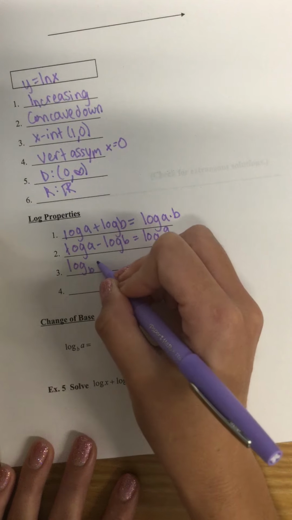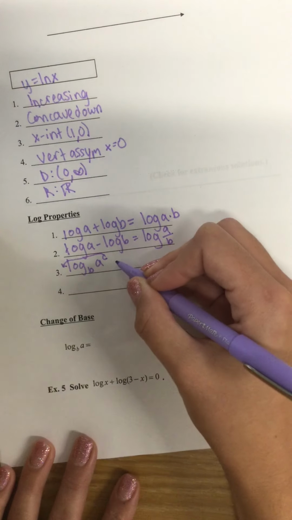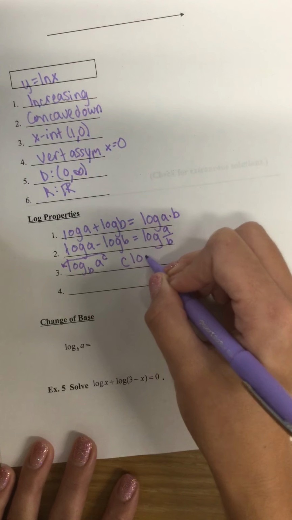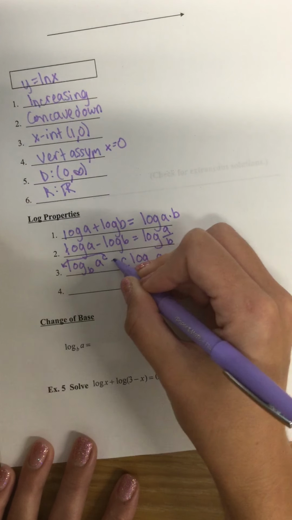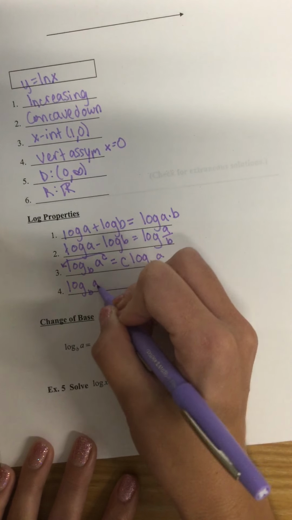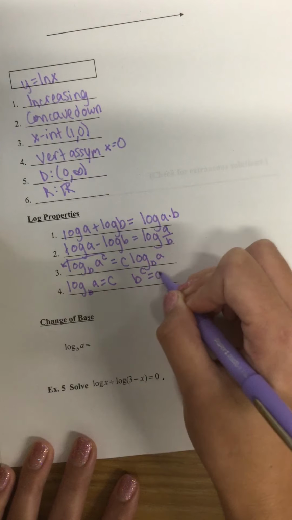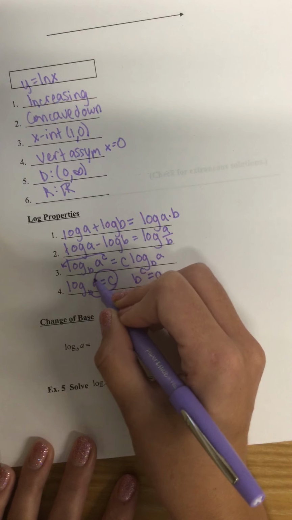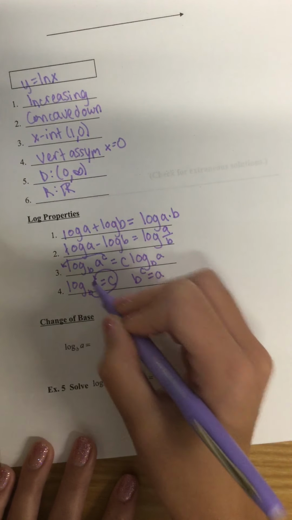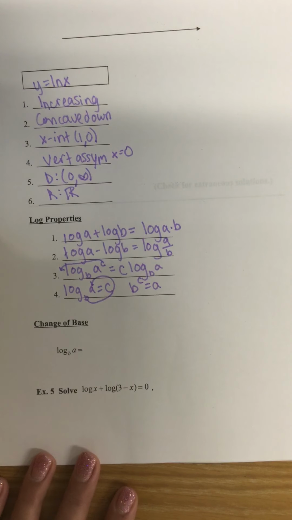Log base b of a to the c, we can take that exponent and bring it out front: c log base b of a. And log base b of a equals c is the same thing as b to the power of c equals a. Some people do that curvy method. b to the exponent of c equals a. It can be written that way. That's what that log actually means.